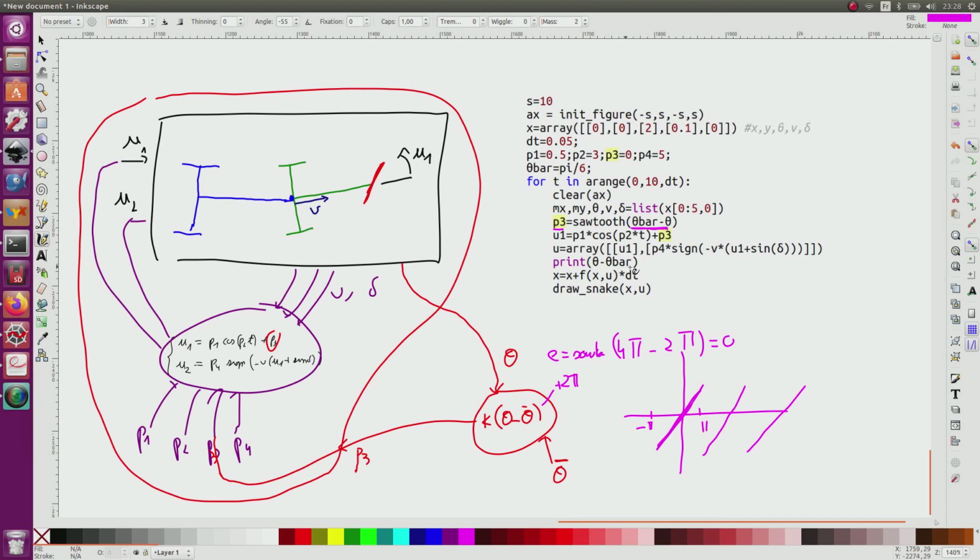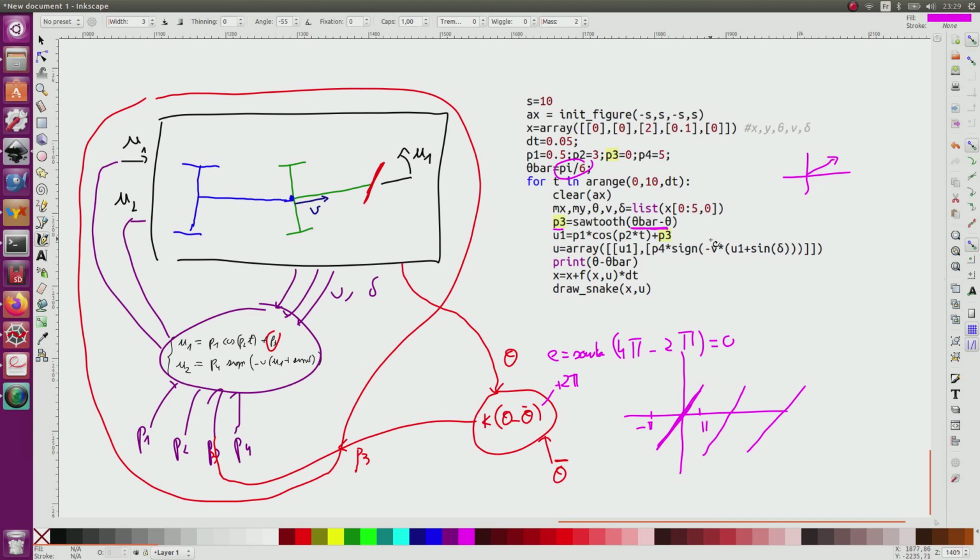Here I will print theta minus theta bar to show that it will converge to 0. Difficult to say that it will converge to 0 because I am still oscillating to get a propulsion. But at least theta minus theta bar will be small. So here I ask theta bar equal pi divided by 6, which is a direction like this.